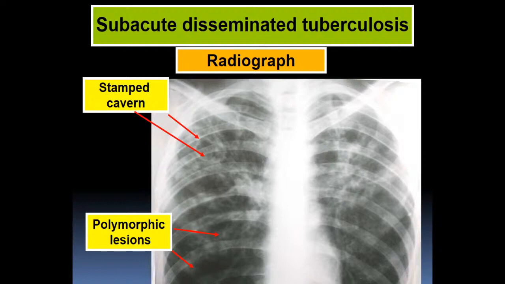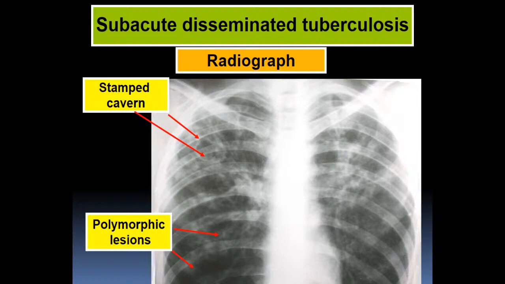Focal shadows can be small, middle, or large, of different sizes. Focal shadows are localized previously in upper and middle fields, that's why in upper parts of the lungs.